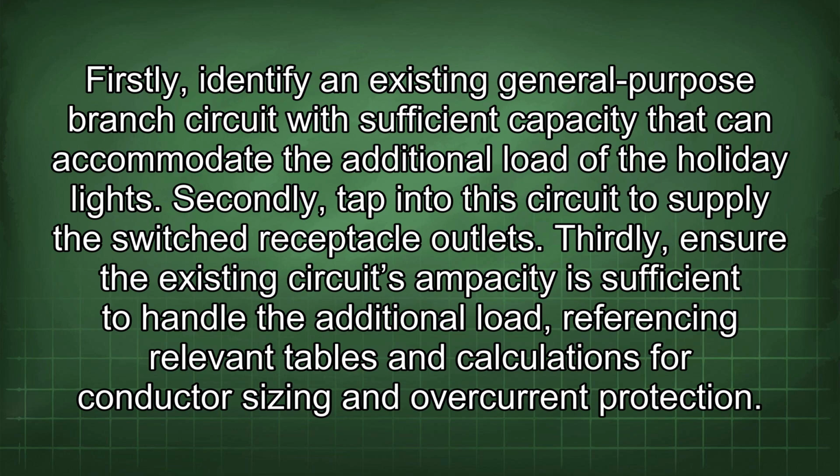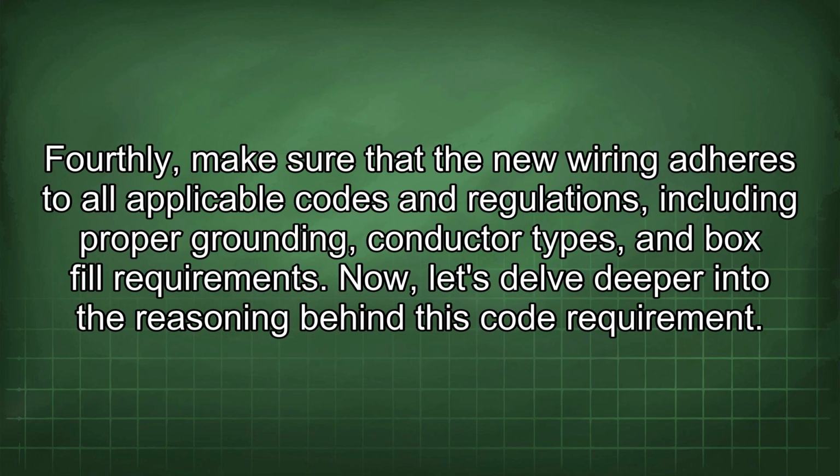Secondly, tap into this circuit to supply the switched receptacle outlets. Thirdly, ensure the existing circuit's ampacity is sufficient to handle the additional load, referencing relevant tables and calculations for conductor sizing and overcurrent protection. Fourthly, make sure that the new wiring adheres to all applicable codes and regulations, including proper grounding, conductor types, and box fill requirements.